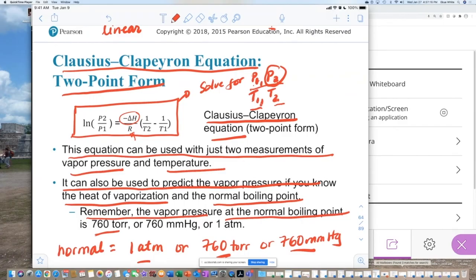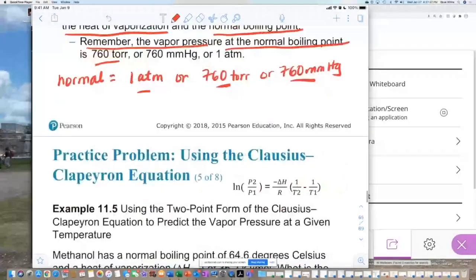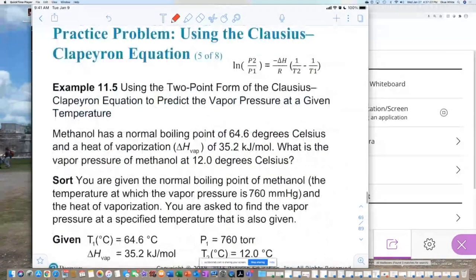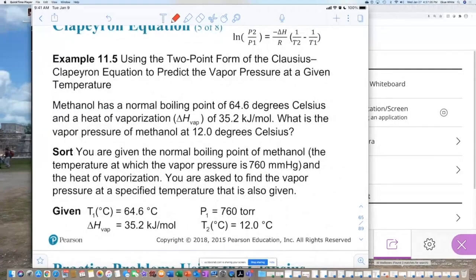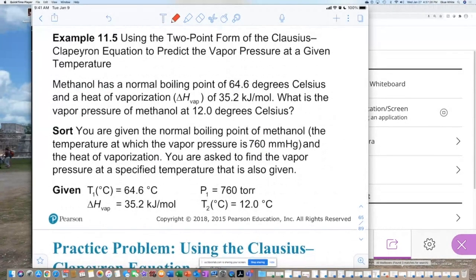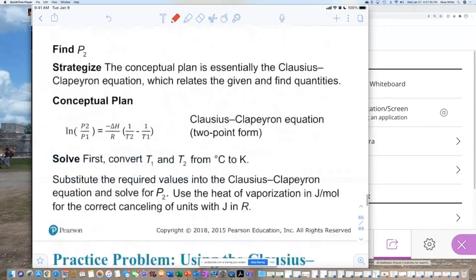Okay. Now we worked on this yesterday, but now we're going over it in context. So yesterday we worked on a different problem, right? And today, let's see, what is the vapor pressure? Yesterday I forget what we were solving for, but today we're going to solve for pressure. So we'll see how this works out.